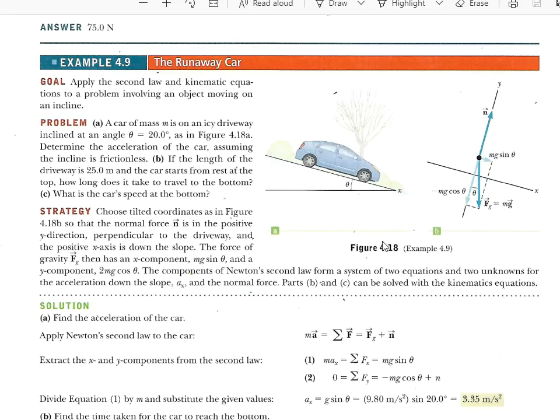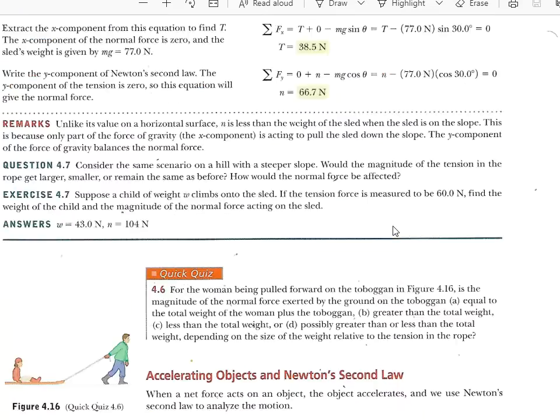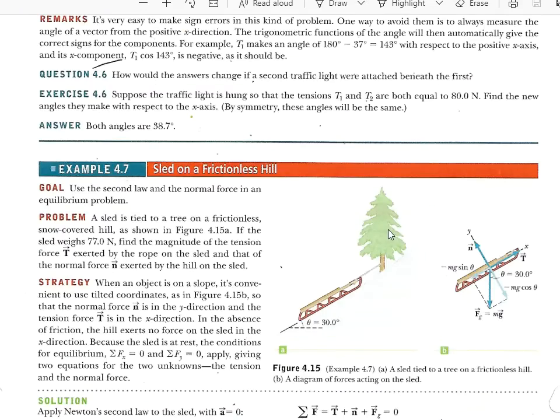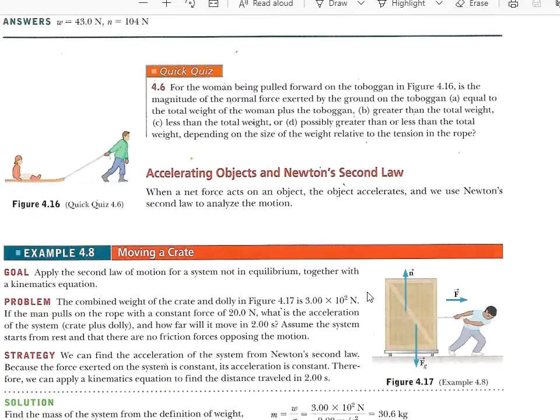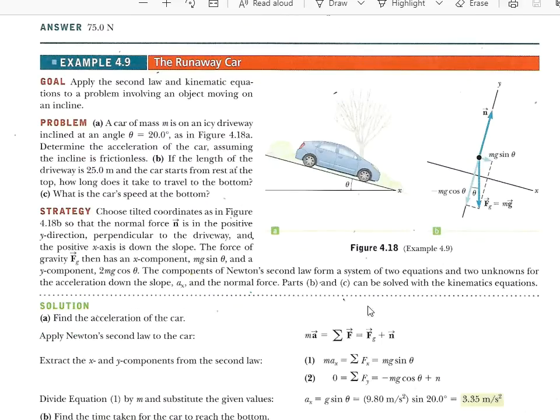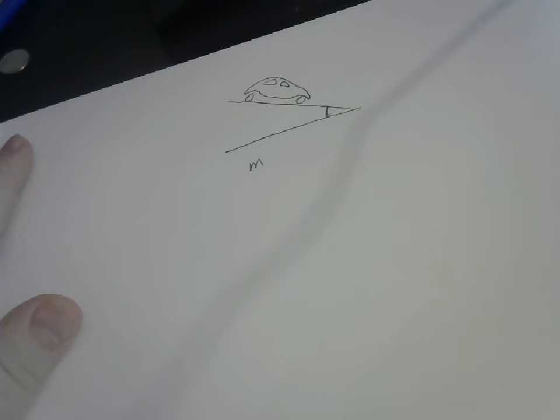Example 4.9 is very similar to example 4.7, except we don't have any tension in this rope. We've cut the rope and the car is sliding down the hill. We have a car of mass m on an icy driveway inclined at an angle of theta equals 20.0 degrees.